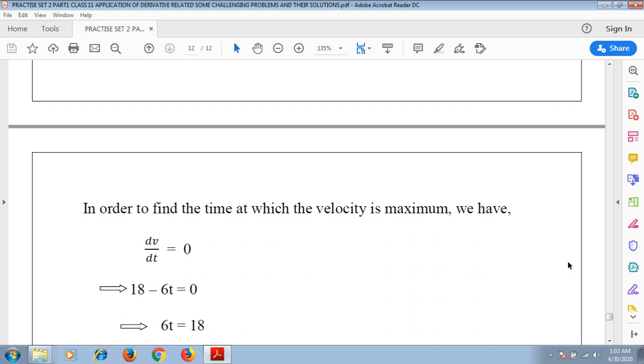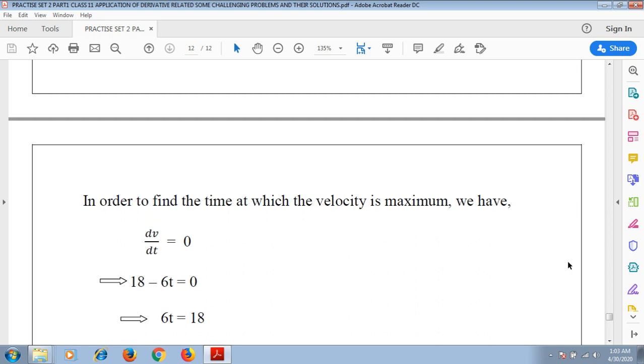We all know that at the maximum point, that is at the maximum of the velocity function, dv/dt becomes 0, right? Since the tangent makes 0 degree with the positive direction of the x-axis, we are having tan theta equals 0 at the peak point.